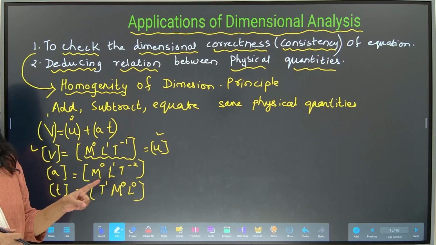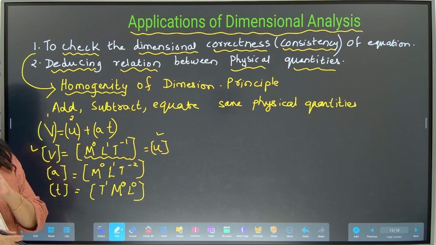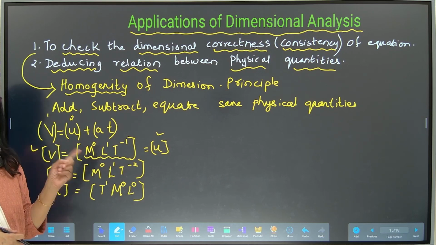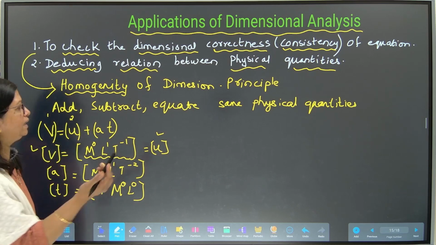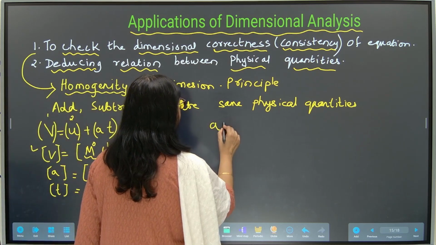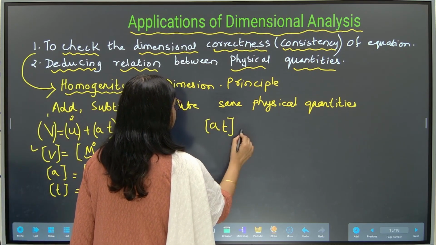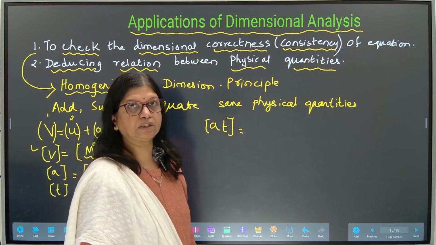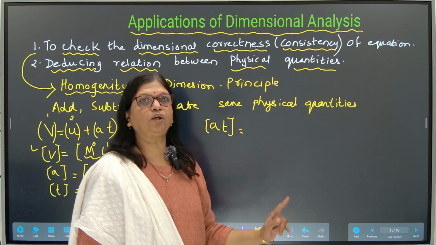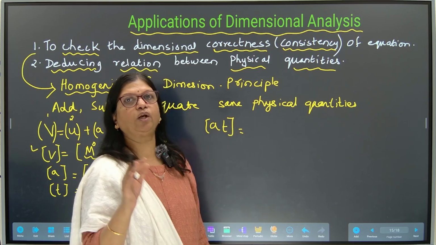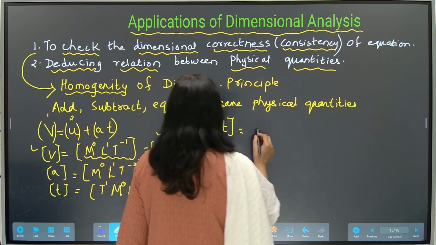Okay, then the equation is correct. Whether we are equating or adding or subtracting the physical quantities. Fine. So let us check whether at together gets us the dimension of velocity, because one side of the equation is velocity. Understood? So what is a?